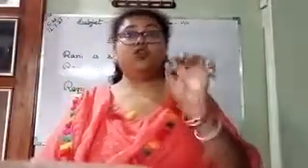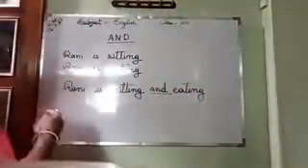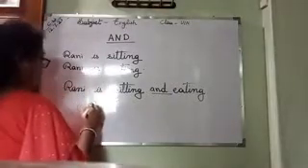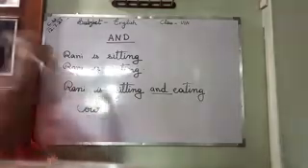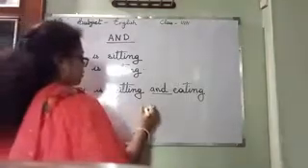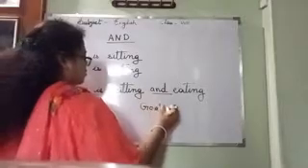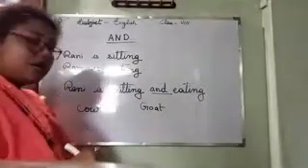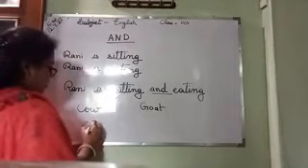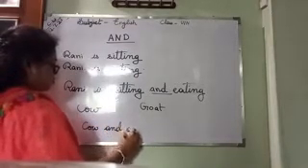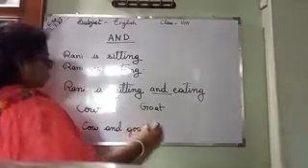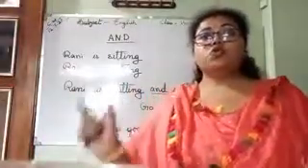For joining two words, cow here and goat is here. For saying, you have to say together. How will you say? Cow and goat. Understand? Two words.